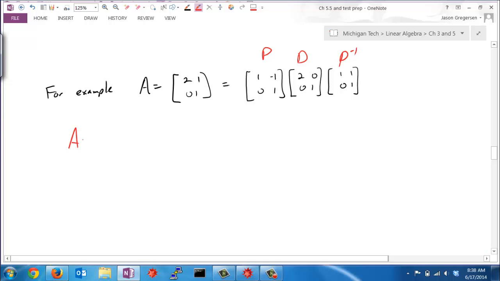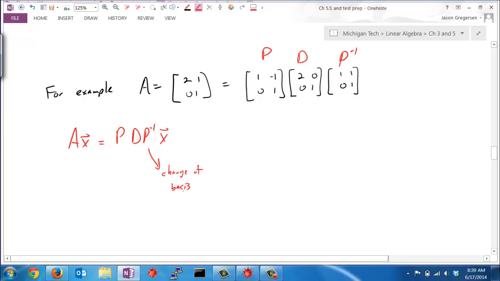If I take A and apply it to some vector or some set of vectors, it's the same thing as then applying all these matrices to that vector, and they each have a specific job. This first one is essentially a change of basis. It's going from the standard basis to the eigenbasis.